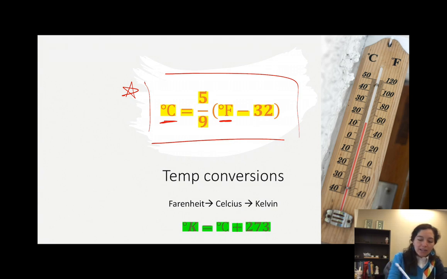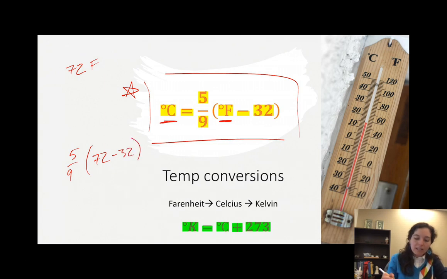So say you had something that was, let's check out room temperature. Let's verify 72 Fahrenheit. Let's see what that is in Celsius. So 5 over 9 times 72 minus 32. And let's see what temperature that gives us in Celsius. So this is 40 here.